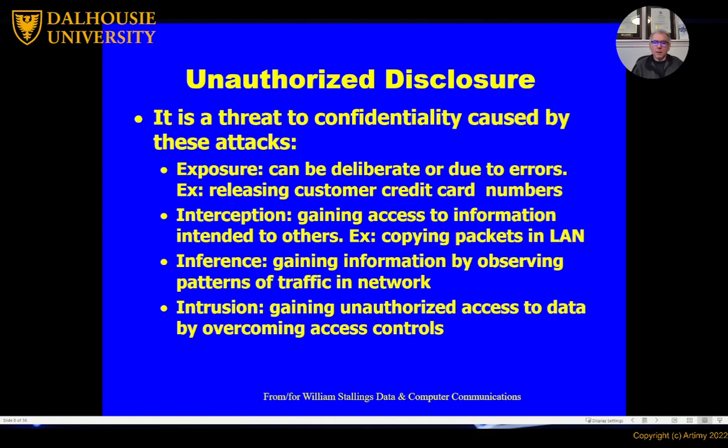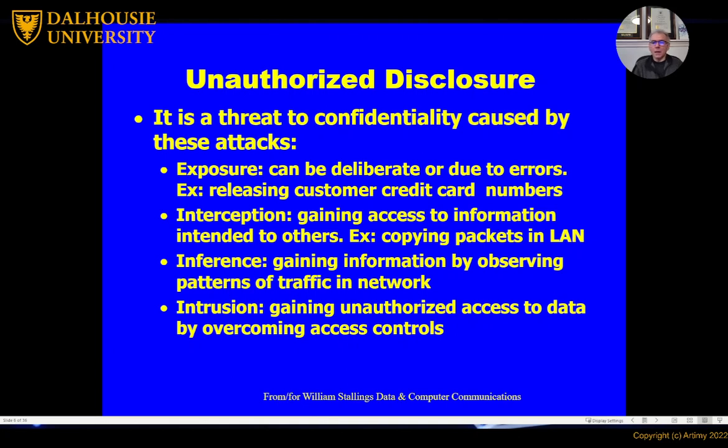Another, maybe indirect, way to disclose information is to monitor the traffic, even without actually knowing what the information is. But I can see, for example, that this person is sending this type of email every morning at 8 o'clock. So I may infer from that that the person starts their job at 8 in the morning.